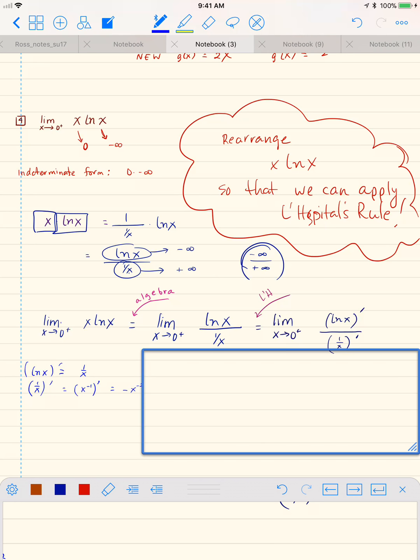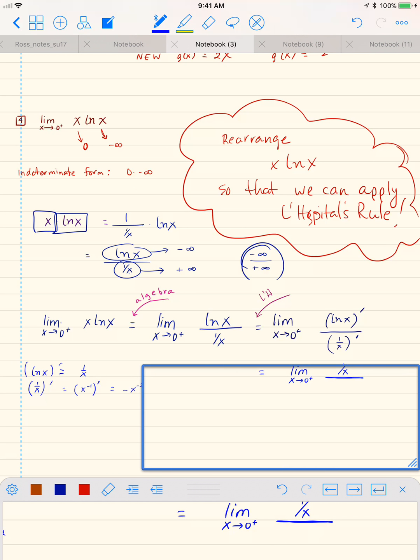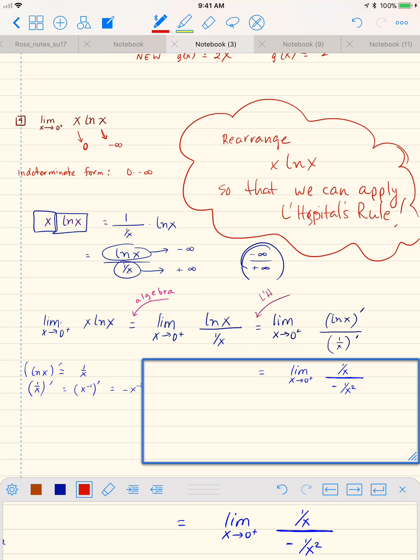Okay, so my limit is going to be equal to the limit as x approaches 0 from the right. In the numerator, I've got 1 over x. And in the denominator, I have negative 1 over x squared. So now what am I going to do? I'm going to simplify.